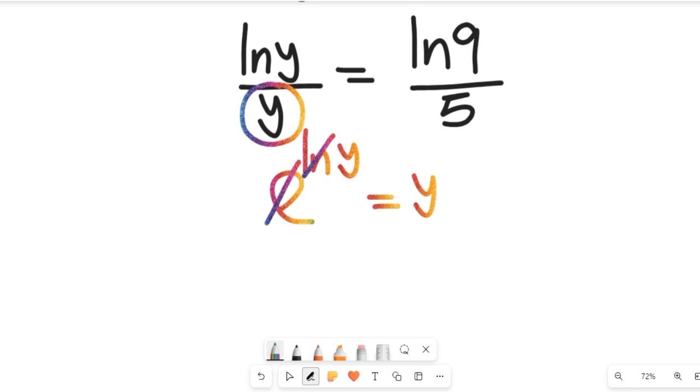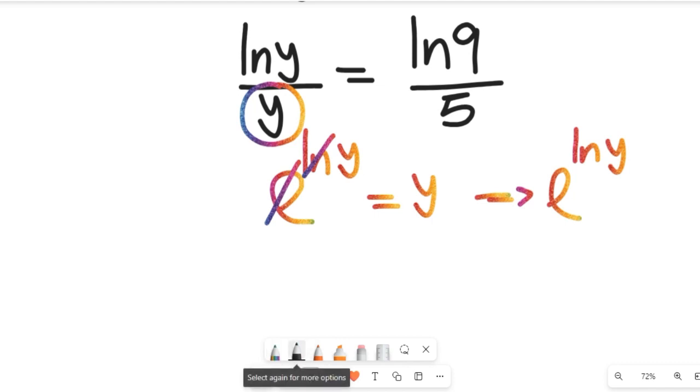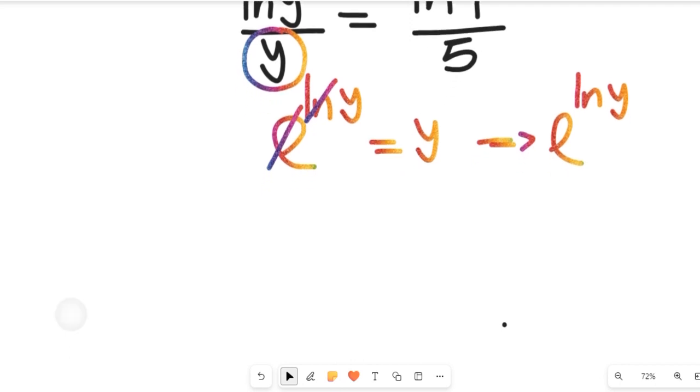So I can replace the value of y with the natural exponent of the natural log of y. I'm going to replace that value in the denominator.